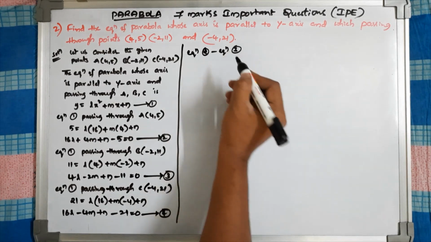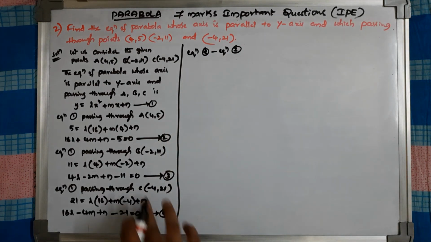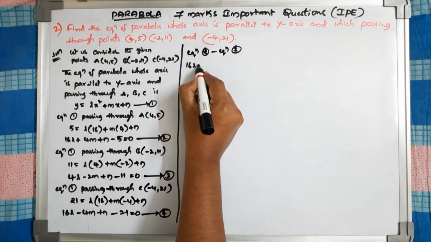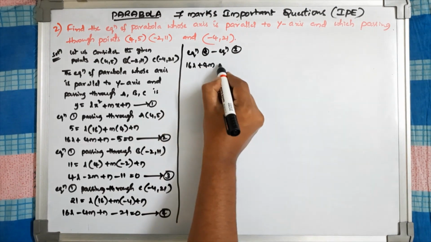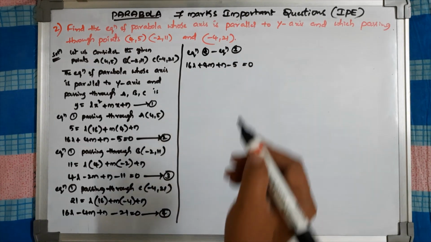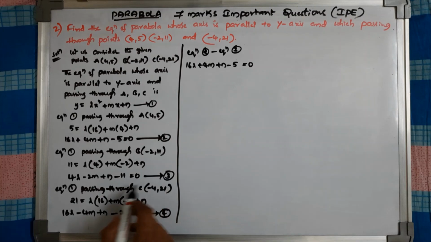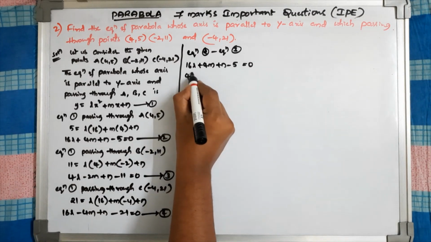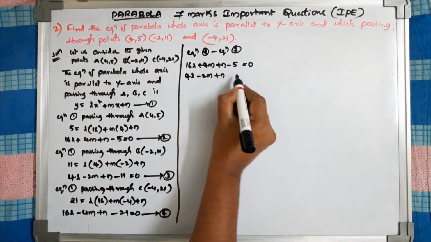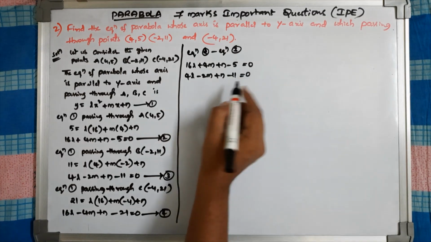Equation 2 is 16L + 4m + n - 5 = 0, and equation 3 is 4L - 2M + N - 11 = 0.